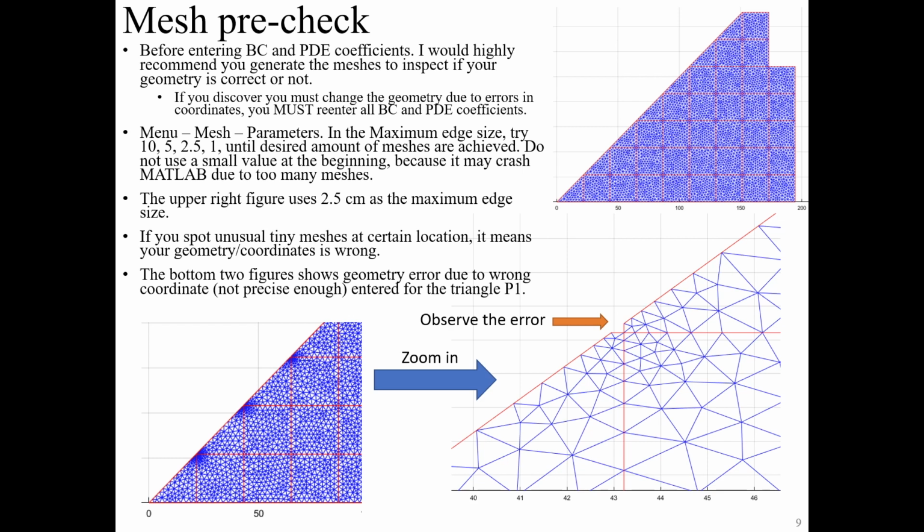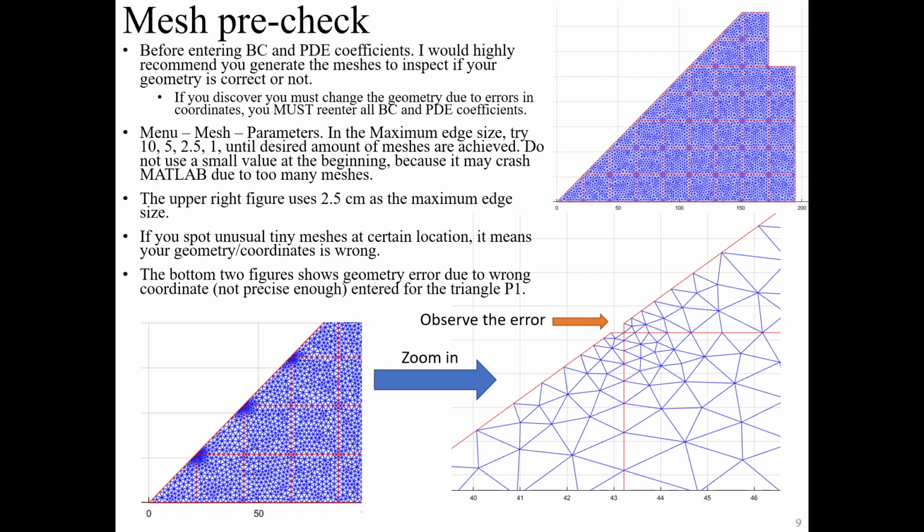This example is caused by a coordinate for triangle P1 that is not very precise. For example, you should enter 160, 160, but you entered 159 and 160, which makes this diagonal line not very precise. That will cause this kind of error.